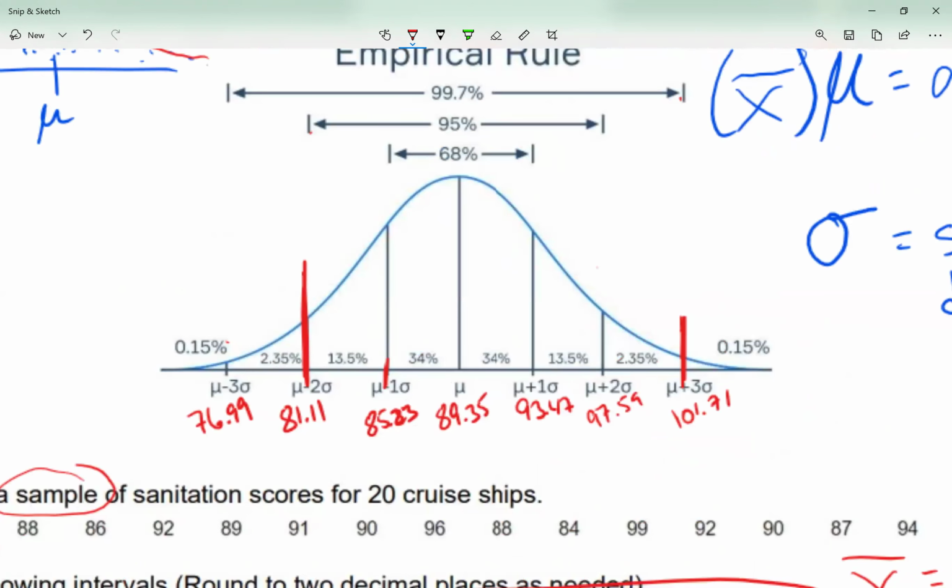So how much data are we going to have in between those? All I'm going to do in reality is add these numbers. 13.5 plus 34 plus 34 plus 13.5 plus 2.35. I add those percentages and it gives me 97.35.